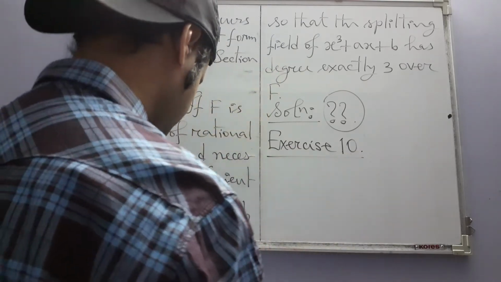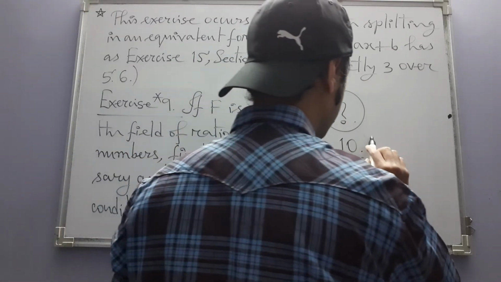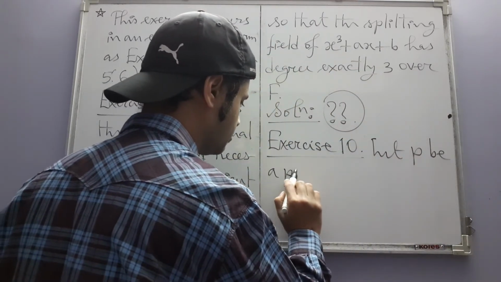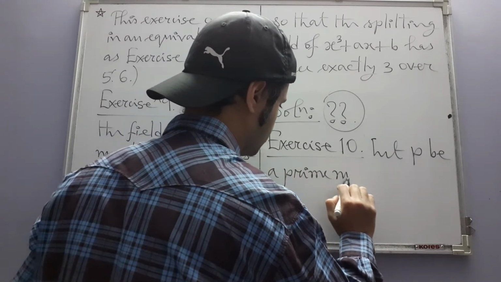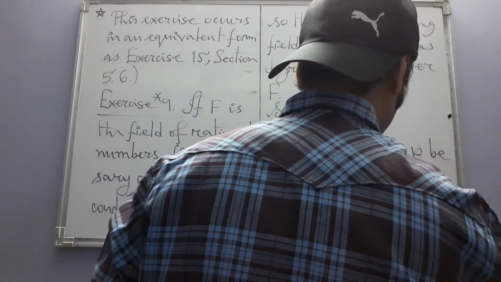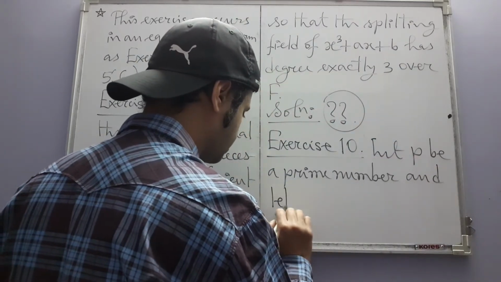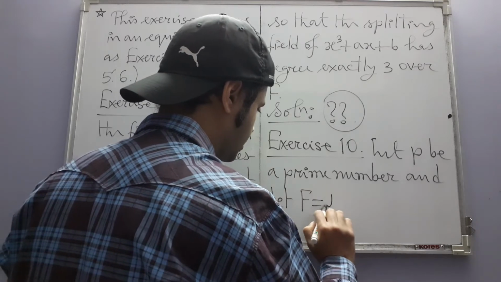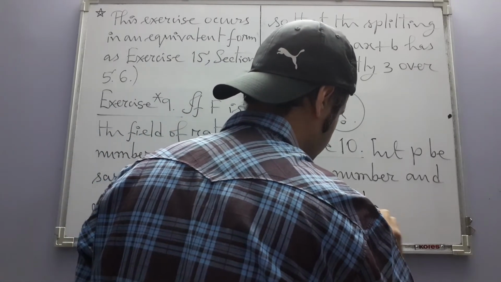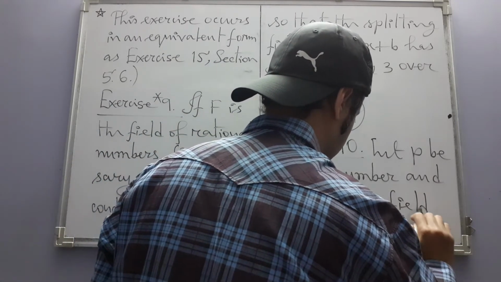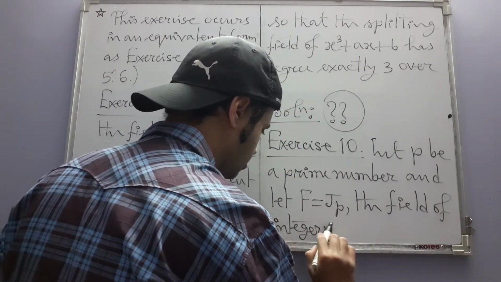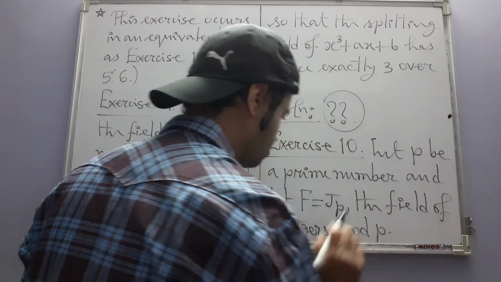Exercise 10. In this one, let p be a prime number and let F be Jp, the field of integers modulo p.